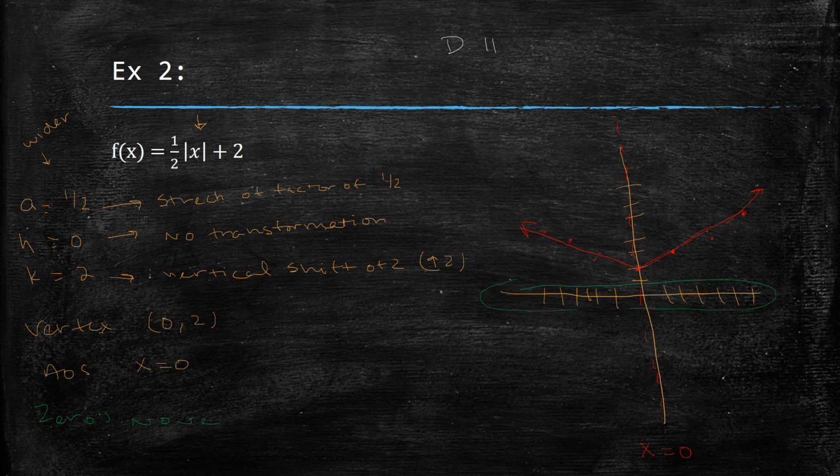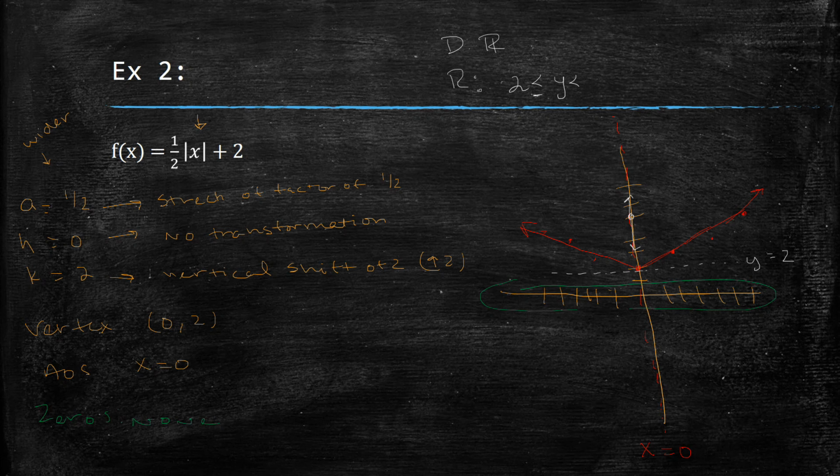So remember that our domain is all real values. And that our range is a little bit different. So if we start here in the middle and we work our way down, we see that we actually have a minimum right here at this point. Okay, and that's the line y equals 2. So that's going to be our minimum value, our lower bound. So if we're setting up our inequality, this is going to be equal to, because it includes the vertex there.